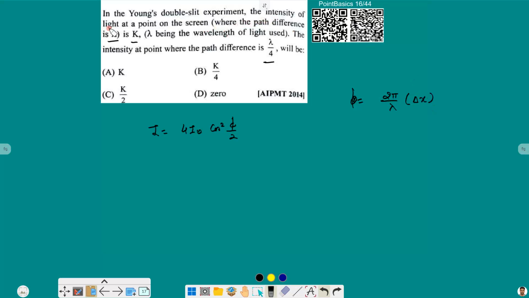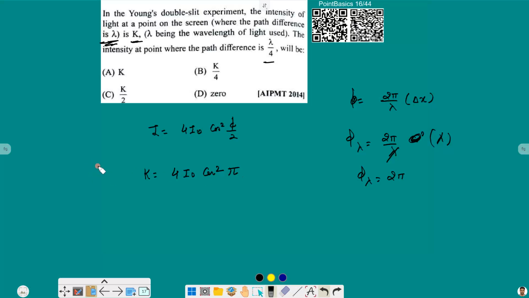Initially our path difference is lambda and intensity is k. So if path difference is lambda, phi will be 2 pi by lambda into lambda, so the phase difference will be 2 pi. So we can write that k is equal to 4 I naught cos square of 2 pi by 2, that will be pi.